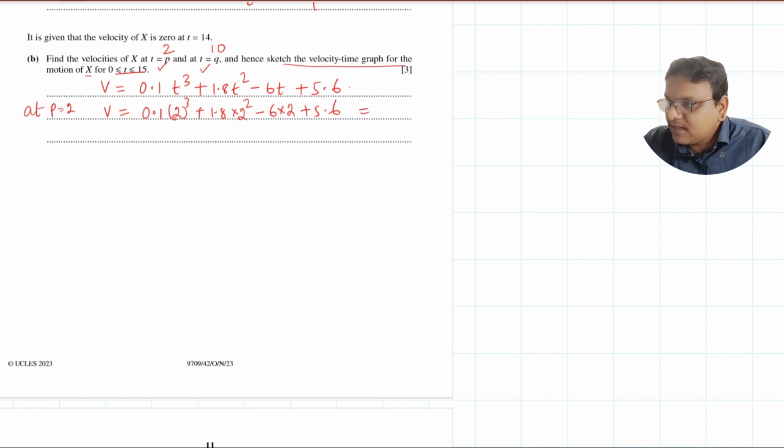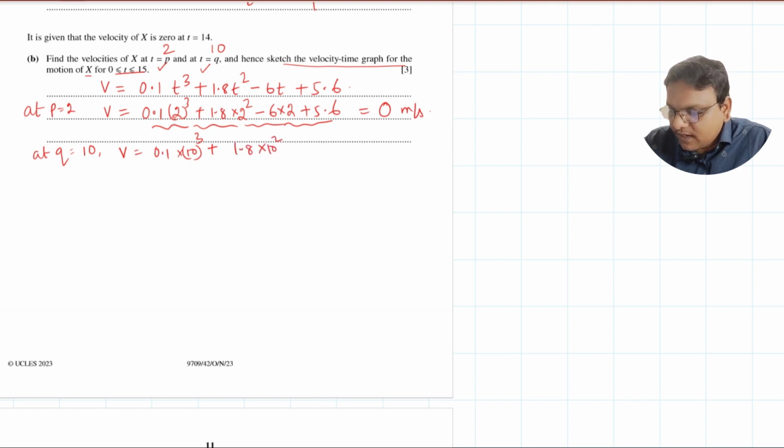Okay, like this, when q equal to 10, v equals 0.1 times 10 cubed plus 1.8 times 10 squared minus 6 times 10 plus 5.6. When you put this in the calculator, you will get 25.6 meters per second, right?